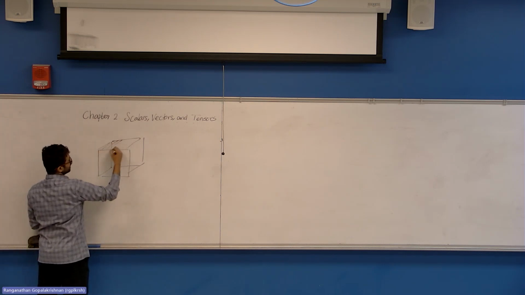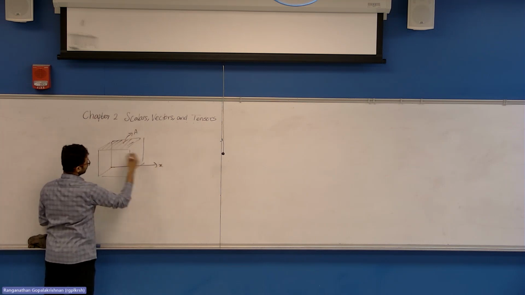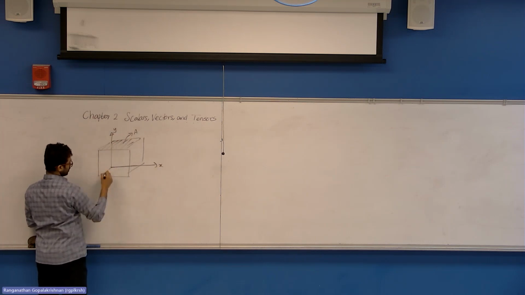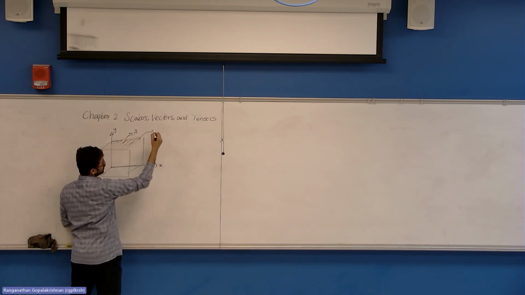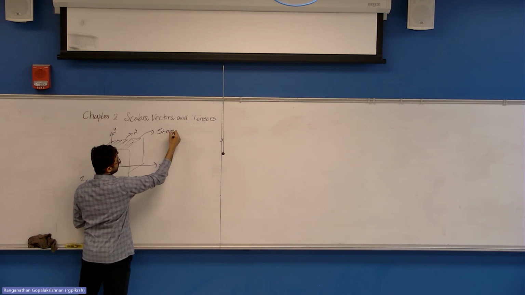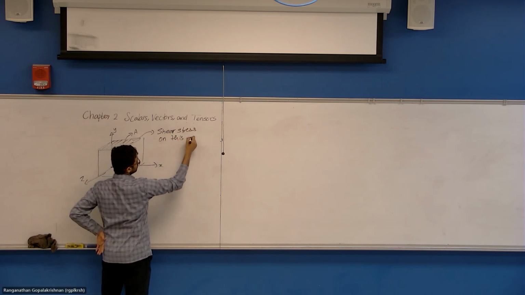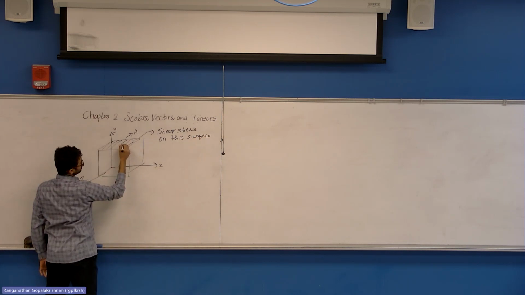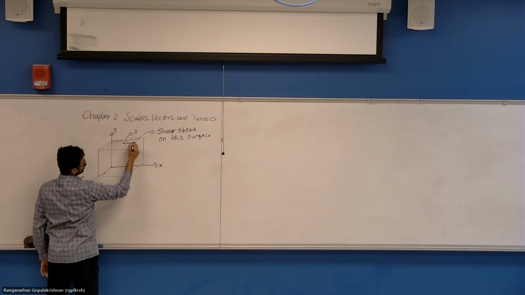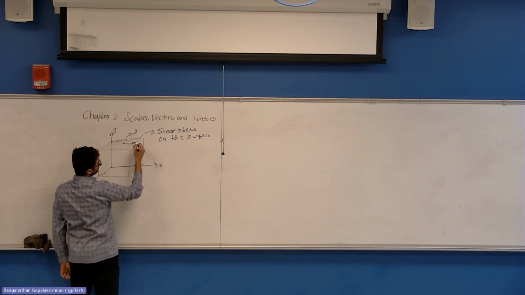So if this area is A, and let's say this is the x-axis, this is y, and this is z, the stress acting on this surface, let's say the shear stress, if I draw the shear stress acting this way, we would give it a nomenclature that it is tau x z.